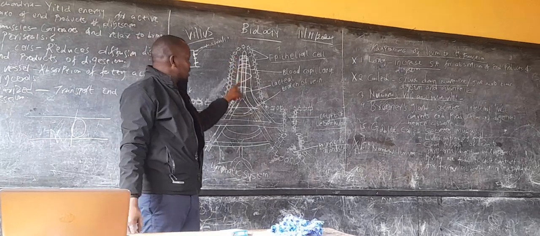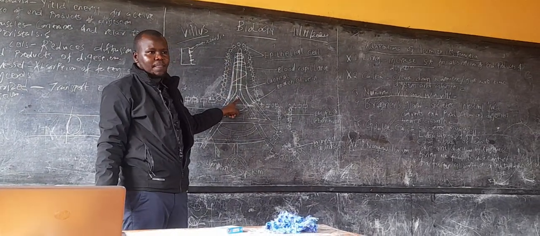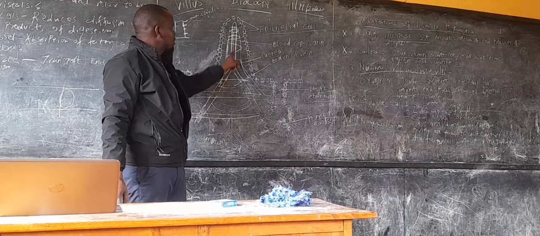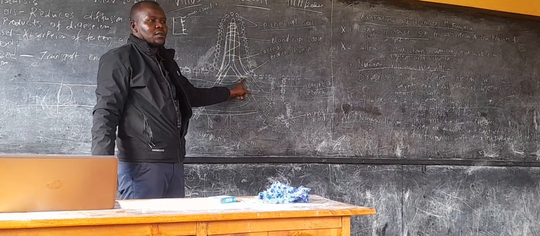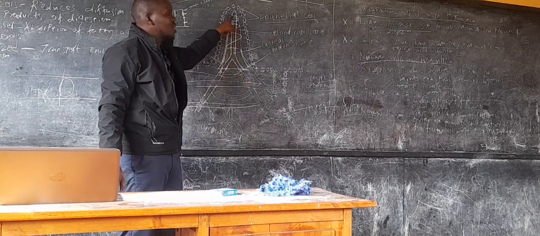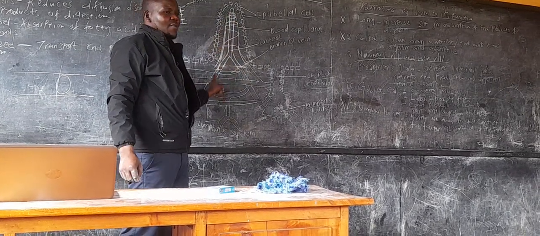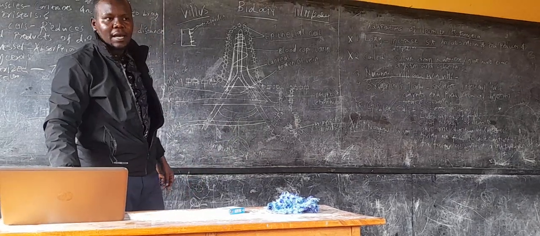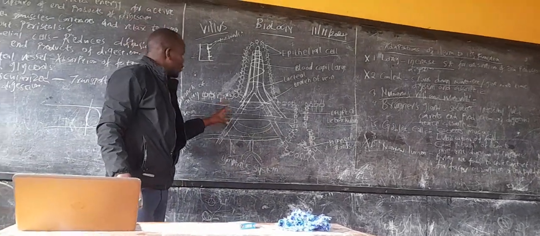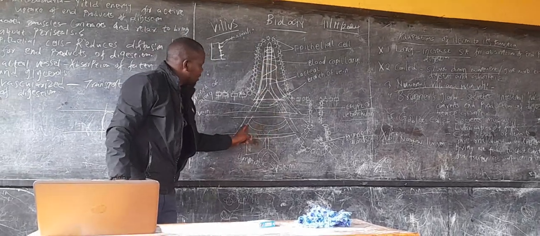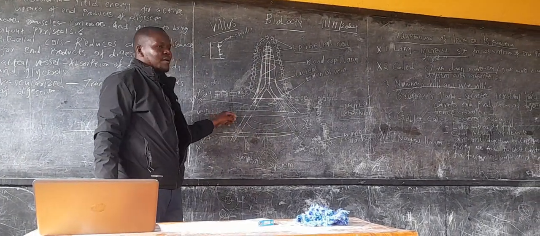Then within this inner section, we have what? Which vessel is this? The lacteal. The lacteal is this vessel, right? Then these other ones are the blood capillaries.